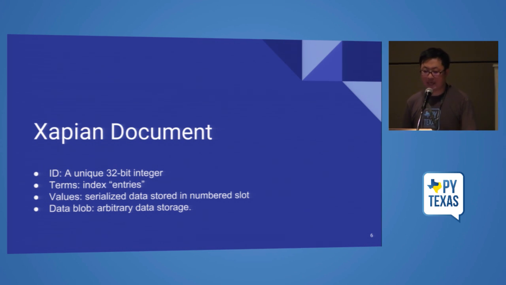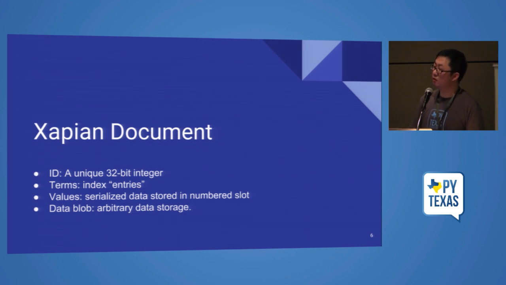There are 4 key elements in each document. The first one is a unique 32-bit integer to distinguish between documents. It also contains a list of terms. Terms are the keywords that we parse from the original data, and we use terms to get a match when querying the database.